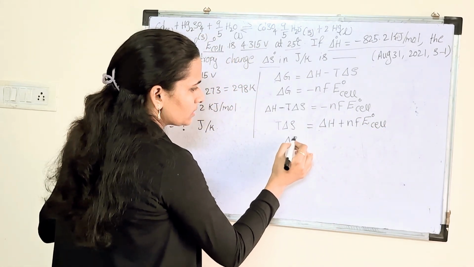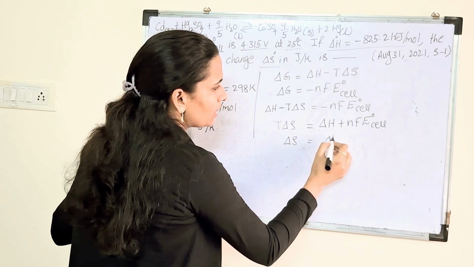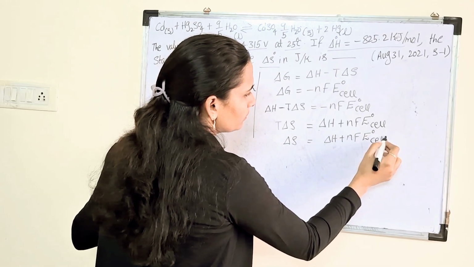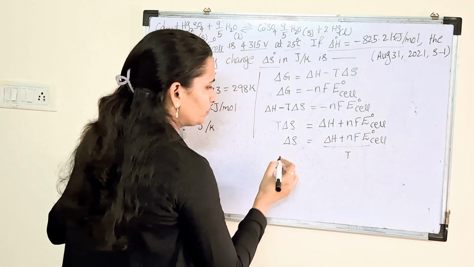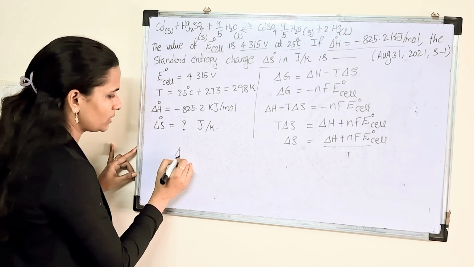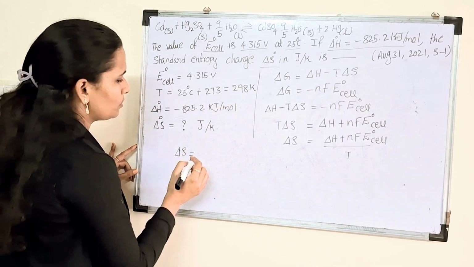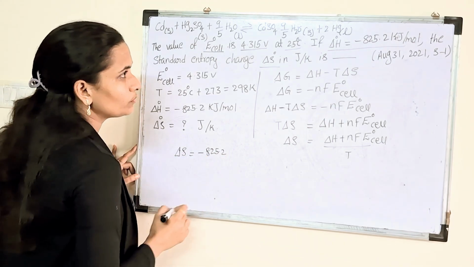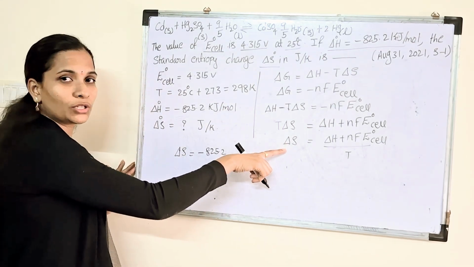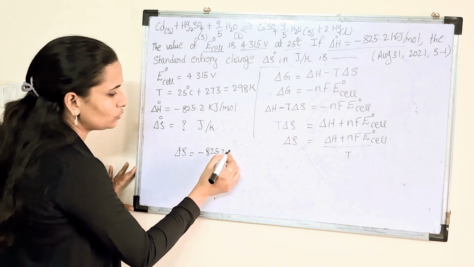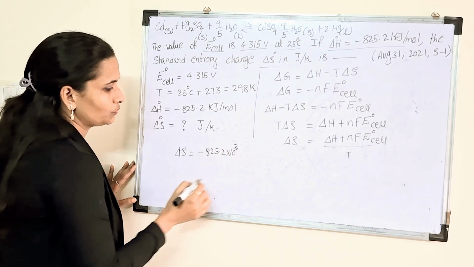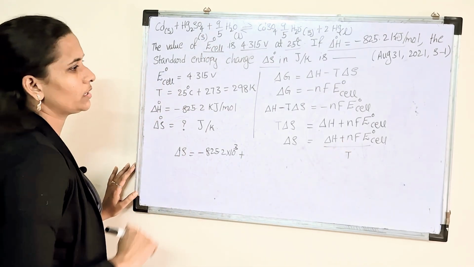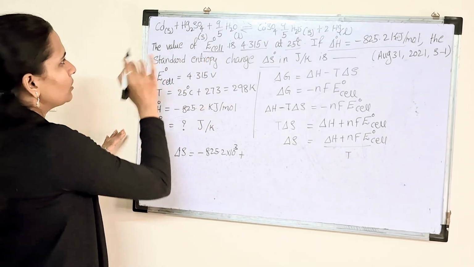We need only delta S, so T moves to the other side: delta S equal to delta H plus nFE° cell divided by the temperature. Delta H is minus 825.2 kilojoule, but we need delta S in joules, so convert into joules, that is 10 cube joule per mole, plus n, the number of electrons involved in the reaction.